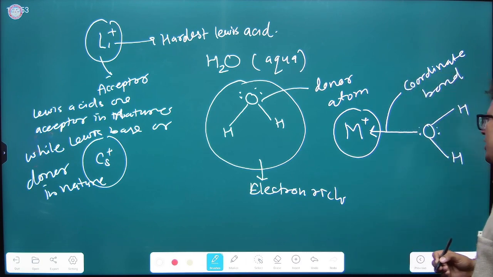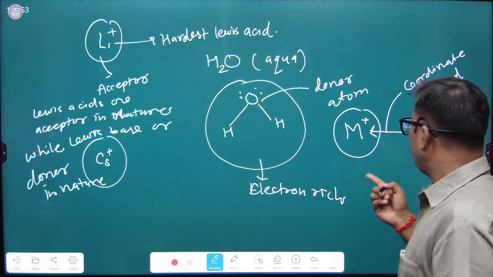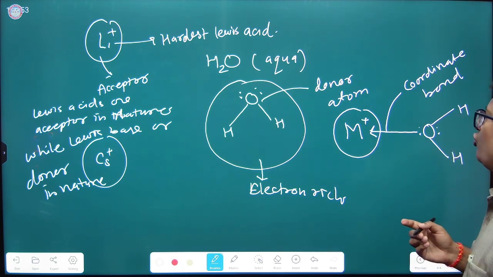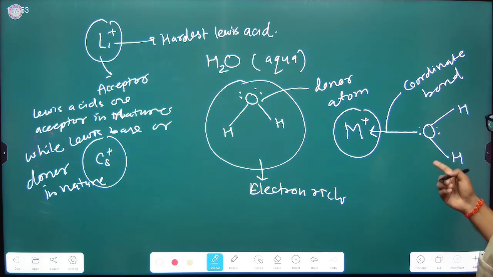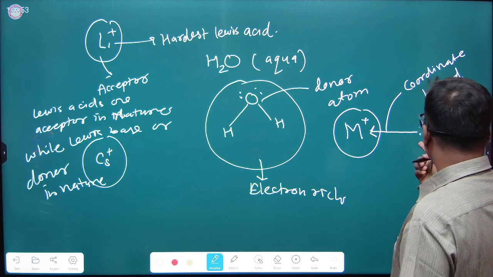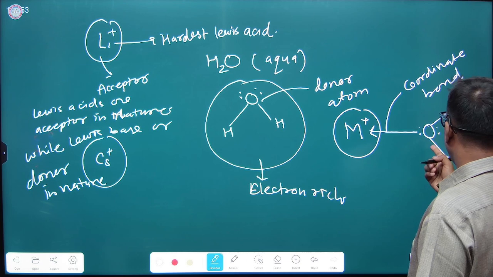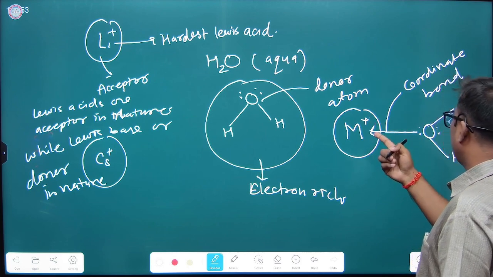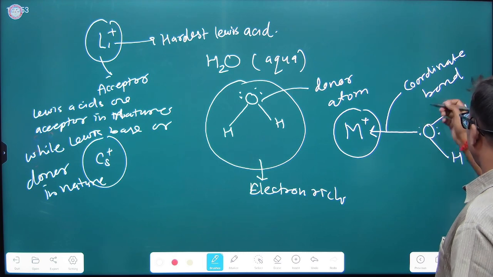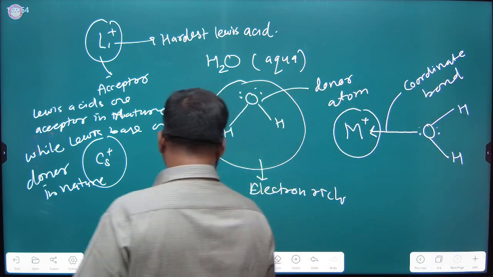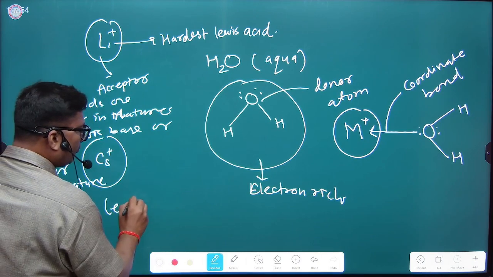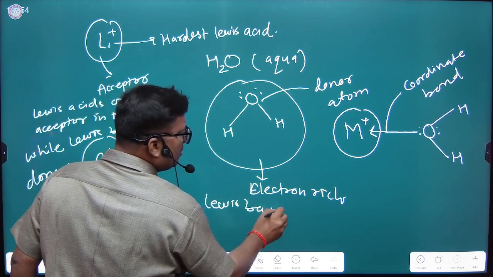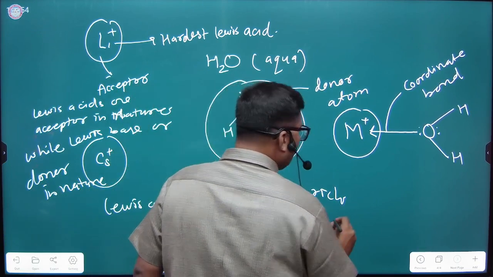So in coordination chemistry there are different types of bonds: the coordinate bond, similar to the covalent bond and ionic bond. Because of the donor nature of the ligand, a pair of electrons is donated to the Lewis acid, that is the metal cation, so a coordinate bond is formed. Lewis acid plus Lewis base forms a coordination compound.